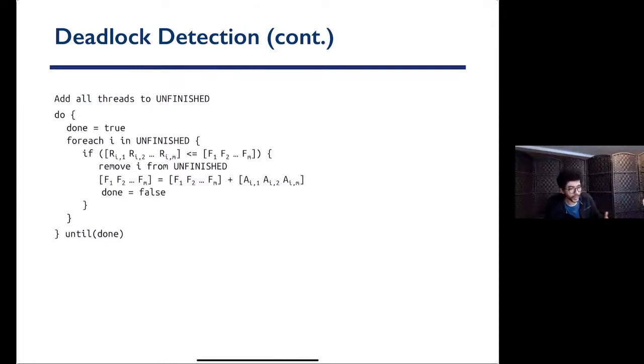And what this wants to do is to detect if there is a path for completion, if there is a way for the system to terminate. How do we do that? The way we want to do this is we're going to look at the vector of free resources.